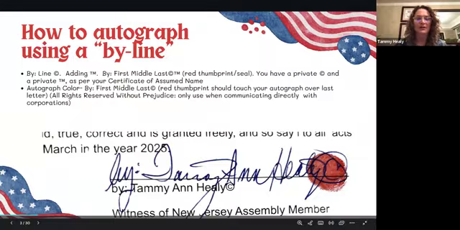I have up here my byline, Tammy Ann Healy, a copyright, and my thumbprint over it. You always want to put your thumbprint over the last letter of your last name and the copyright. And you always want to put all rights reserved without prejudice, only used when communicating directly with corporations.